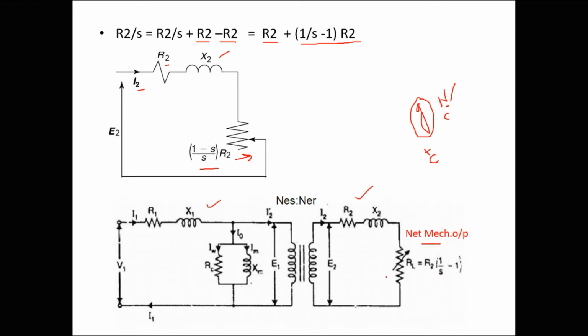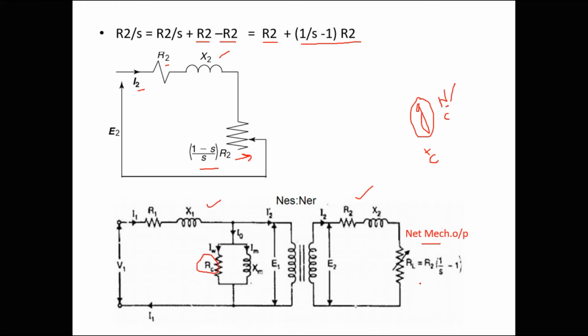And here we have a constant loss, which occurs due to the presence of iron, and due to the mechanical power developed we have a mechanical loss, and this mechanical loss is present at the stator side, not on the rotor.